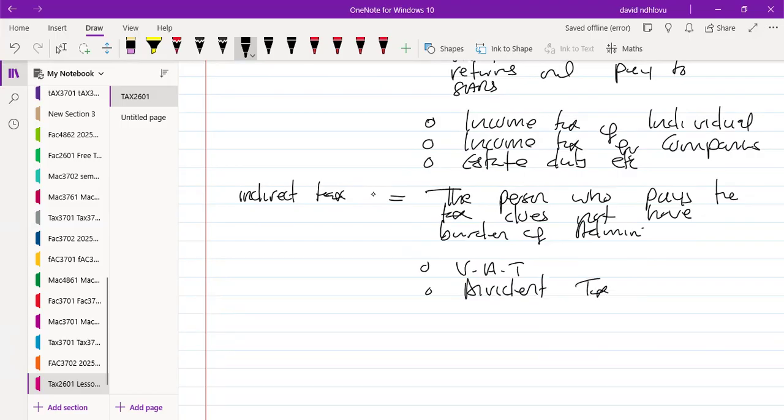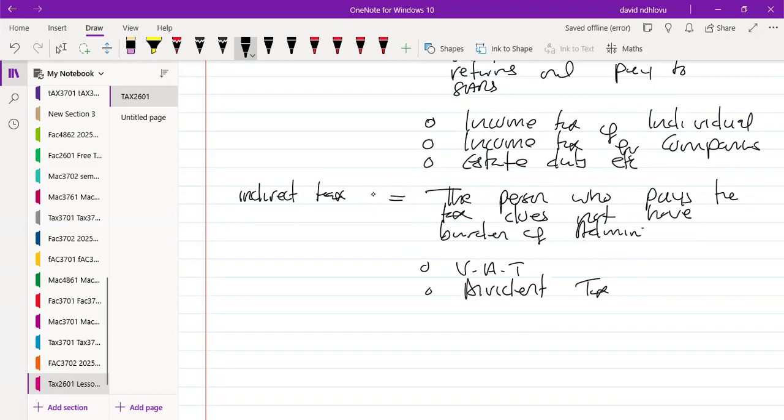With value-added tax, the person that pays the VAT is the final consumer. So when you visit a supermarket and you buy bread and it has VAT there, the money comes from you, but you are not interested in how that money reaches SARS. The supermarket is the one that collects the money on behalf of SARS and submits it over to SARS.